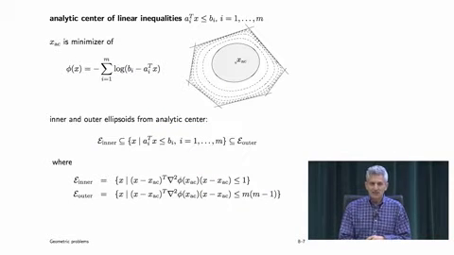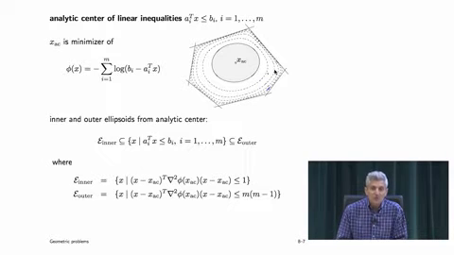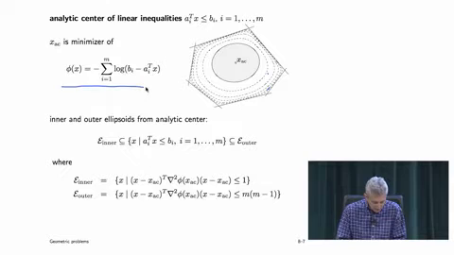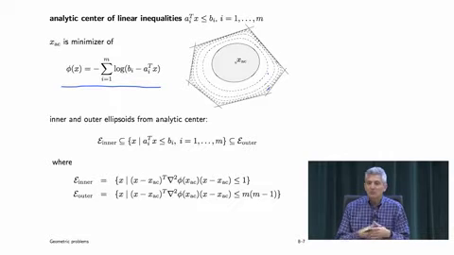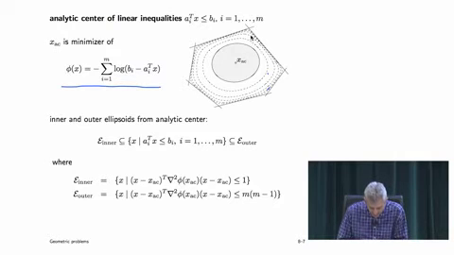But for fun, let's just look at the analytic center of a set of linear inequalities. So here's a set of linear inequalities like this, and what's plotted here are various things. These dashed curves show the level sets of the log barrier. So if you ask where it is equal to 1,000, you get a cool little smooth curve, which hugs the boundary of this set very closely.